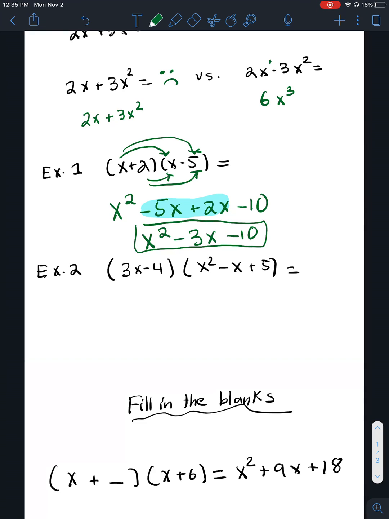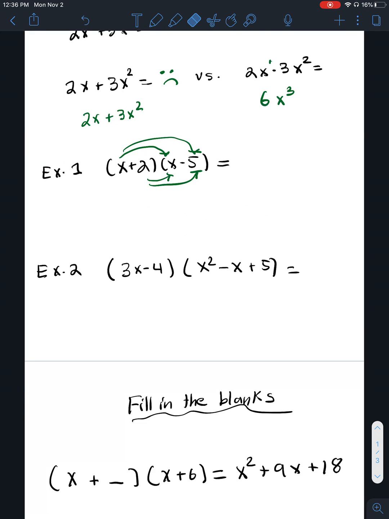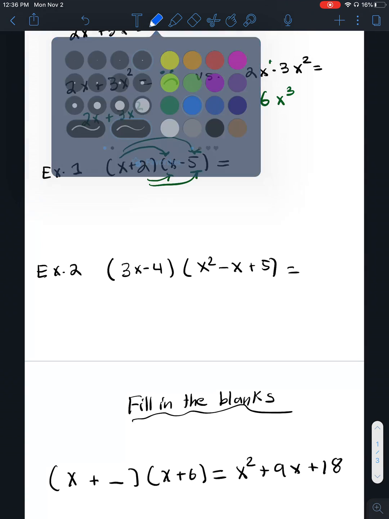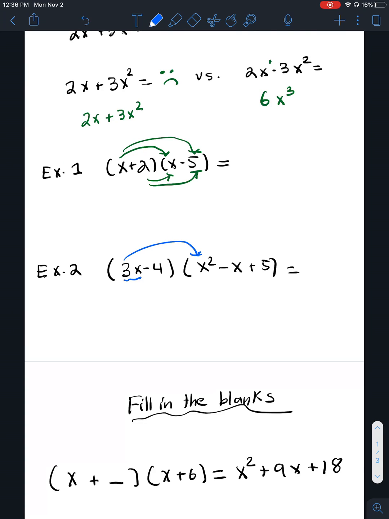Now we're going to move on to example 2, and I'm going to erase this so I have room for my arrows. If you remember from my other example, I said we're going to take our first term and multiply everything to the right. Before I just say the answer, remember, this is when you need to know your exponent rules, because here we're doing 3x times x squared, which is 3x cubed, 3x times minus x, which is minus 3x squared, 3x times 5, which is a positive 15x.